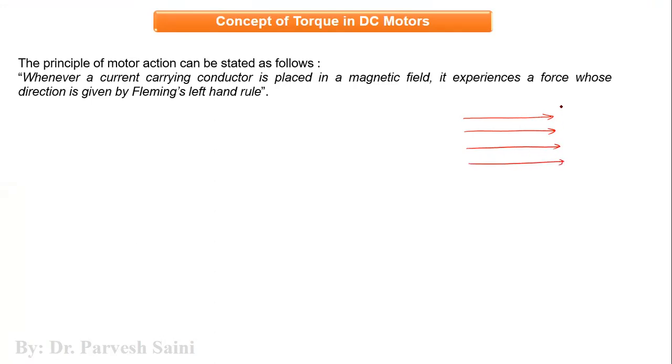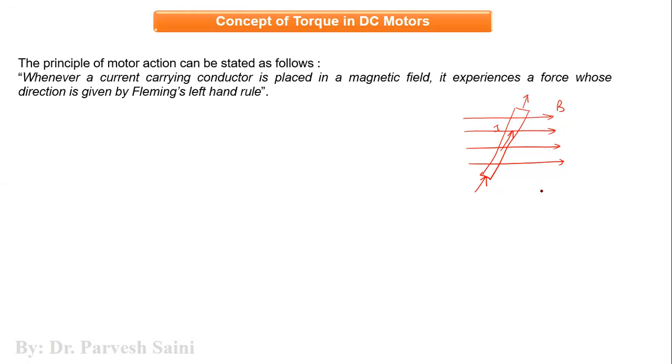So, this is the magnetic field. If we place a conductor in this magnetic field, and let us say this conductor is carrying some current I, the current is entering the conductor from this side and coming out from this side.